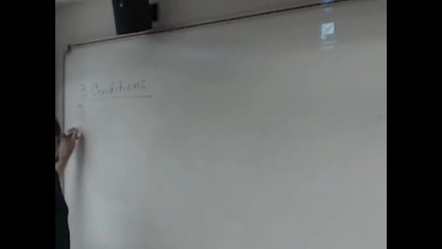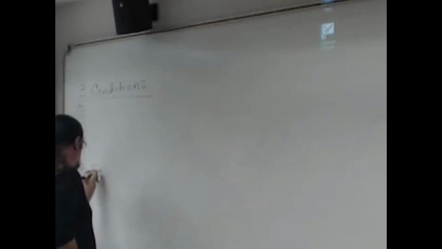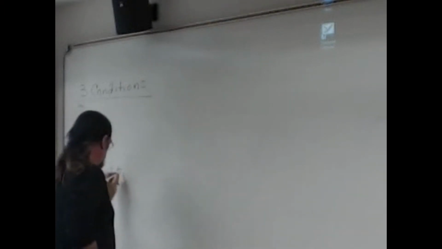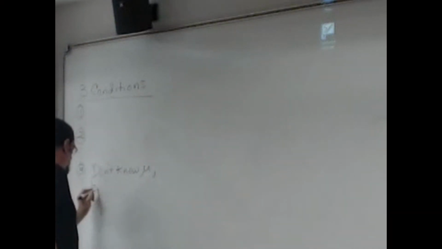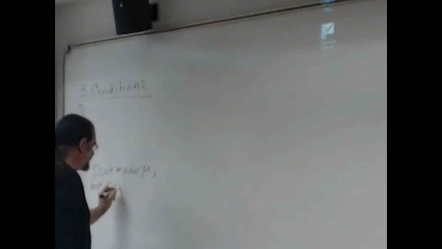The third one is not knowing mu, but knowing sigma. What was the first one we've listed? Okay, then we have information from a sample that is a simple random sample, and that there were no problems like non-response or anything else like that.